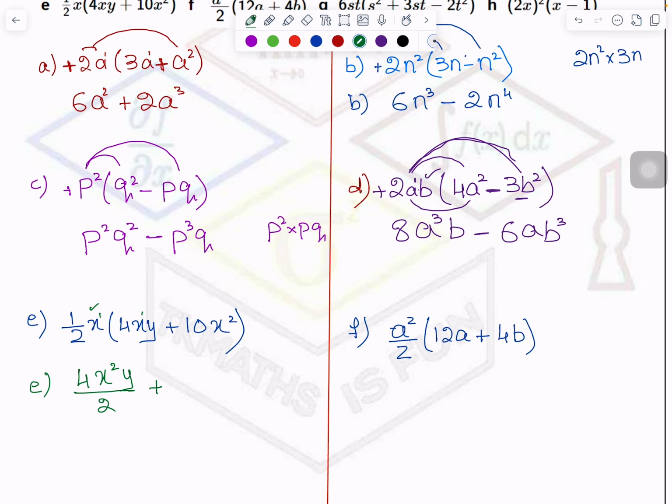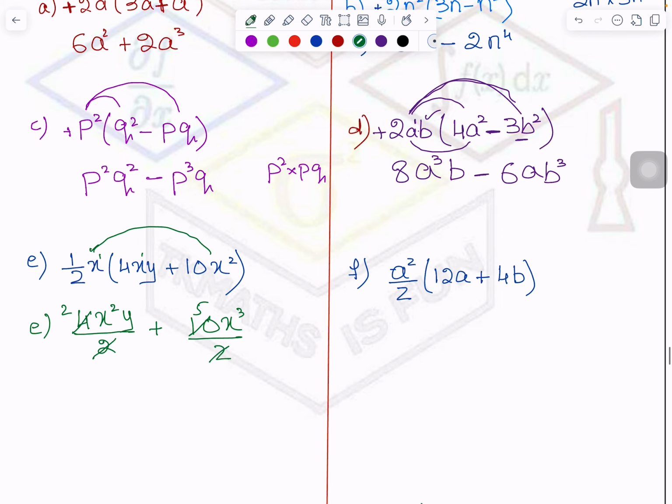Similarly, 1x multiplied by 10x square. It will become 10x power 3 over 2. Now you can cancel. Don't try to do everything in one step, then the chances of error increase. So it will be 2x square y plus 5x cube. Like I said, law of indices is not applied on addition, subtraction. That's why we just leave the sum like this, because we can't do anything else now.